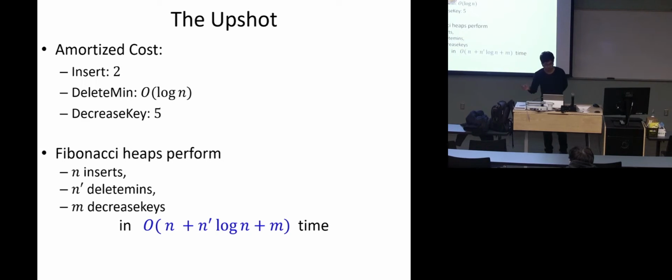This is an amortized cost, which means that if there are n insertions, n prime delete mins, and m decrease keys, the total cost that you're going to pay is just n times constant 2, n prime times log n, and m times 5. That's what it means by amortized cost, actually.